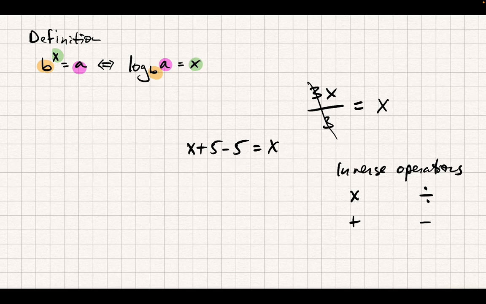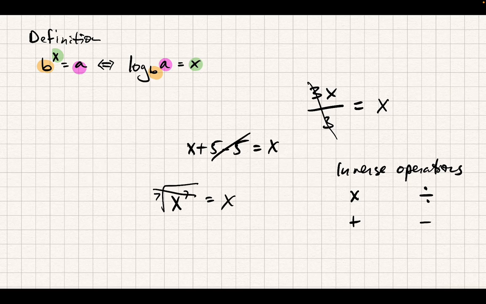So if I have x to the 7th, and I take the 7th root, what do I get? X, right? These cancel.